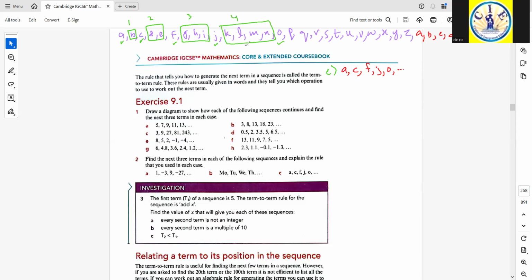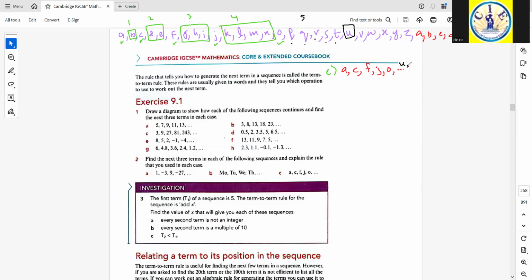After J, we are having O by skipping four alphabets. So after O, we should be skipping five. So one, two, three, four, and five. So our next term should be U after skipping five of them.